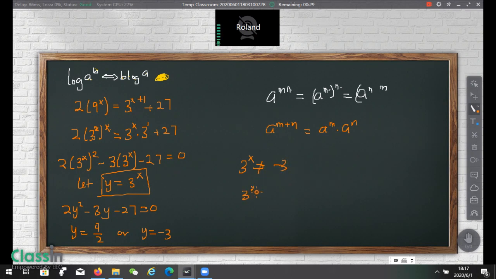Therefore, 3 to the power x is 9 over 2. We apply the same approach. We get log of 9 over 2 divided by log of 3. So that is 1.37. All right, see you again for the next video.